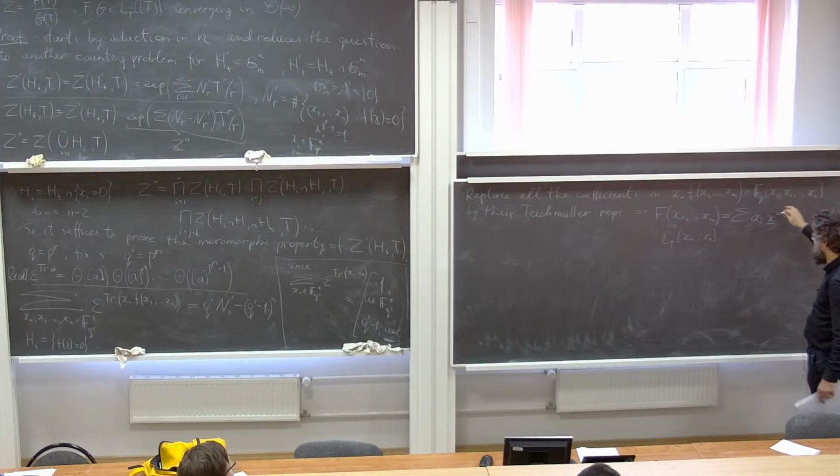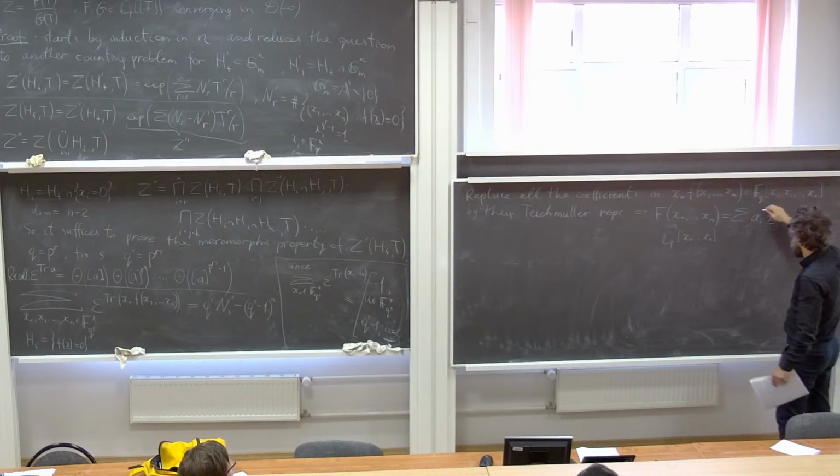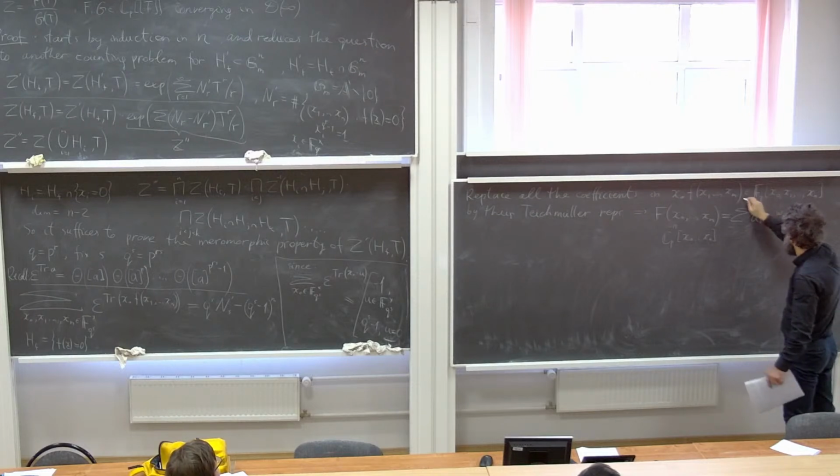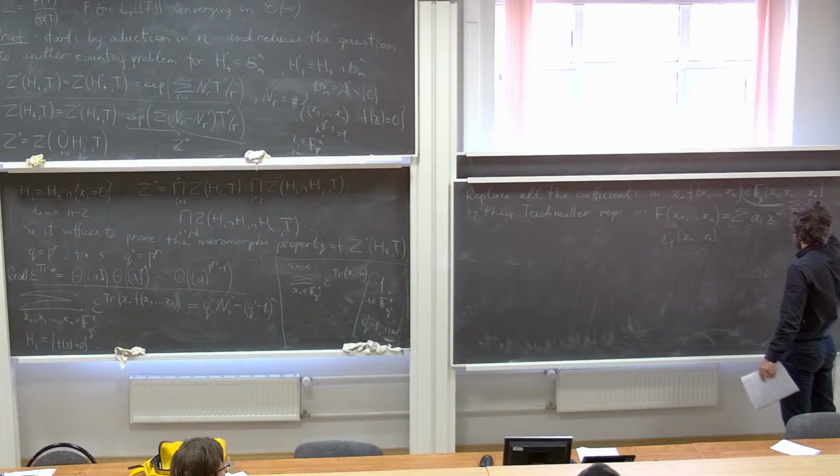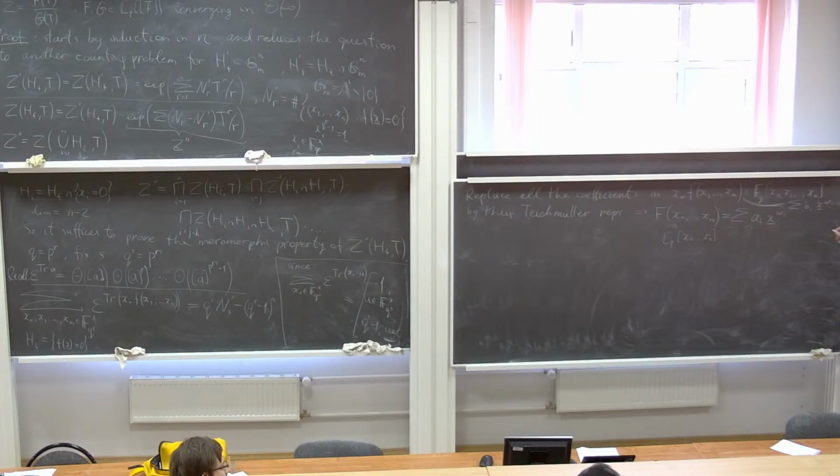Maybe I should write this: the original was equal to the sum of bi's x to the power wi, and then I said that ai is the representative of bi.